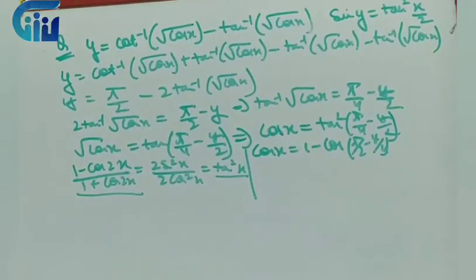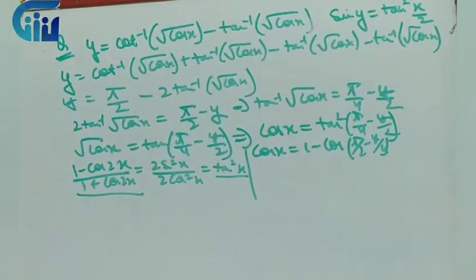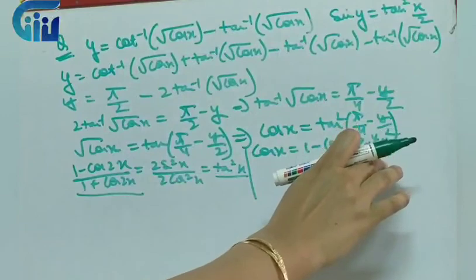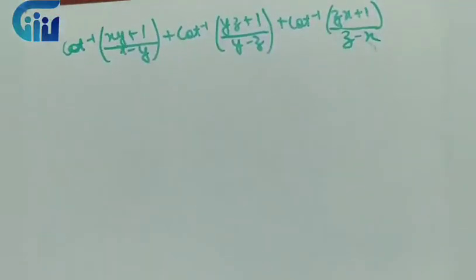So over here, what do I observe? Since I have cot inverse under root cos x, I'll just add and subtract the same thing.